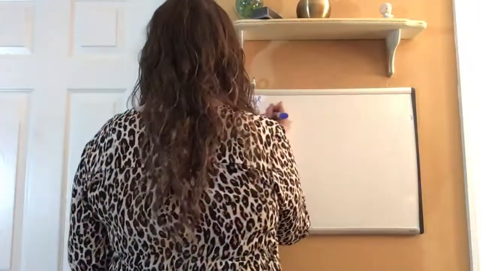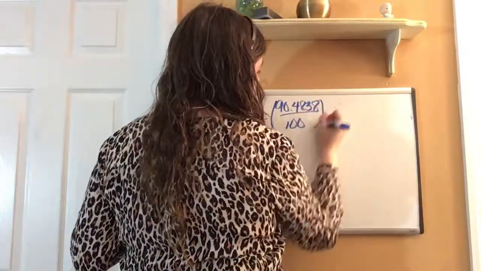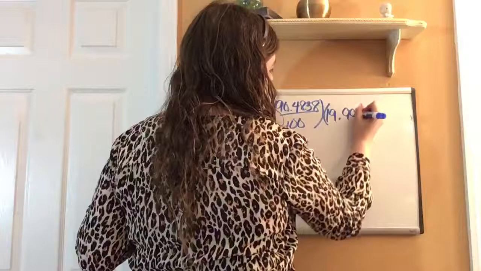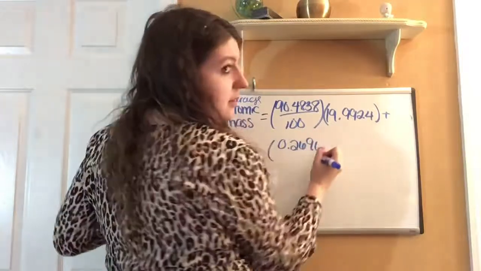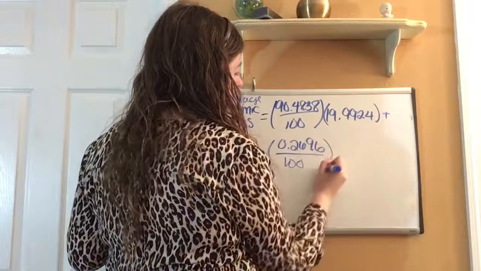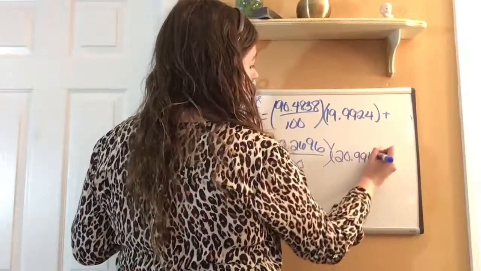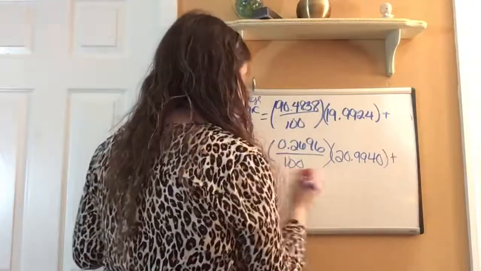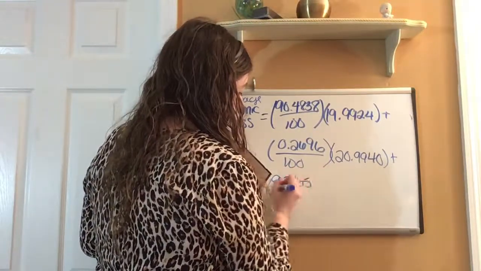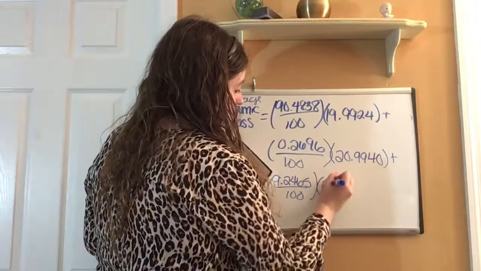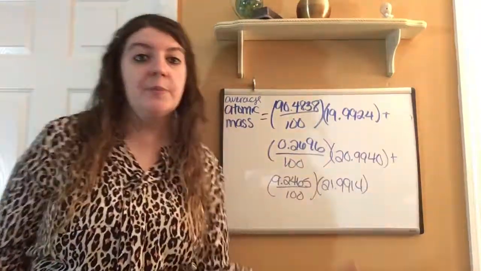I put 90.4838 over 100 times 19.9924 plus 0.2696 over 100 times 20.9940, plus 9.2465 all over 100 times 21.9914. Okay?